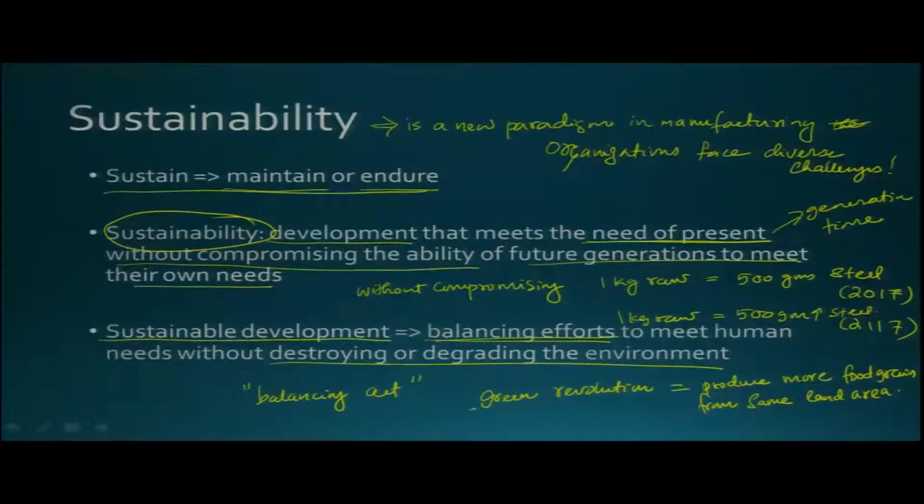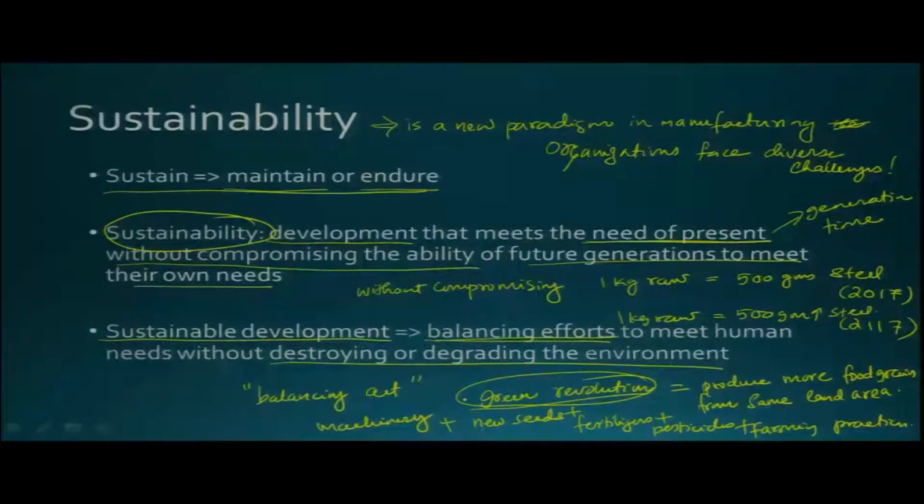The major inputs were new seeds, fertilizers, pesticides, new farming practices, and machinery. These were all the big things, and everything put together resulted in what is called the green revolution.